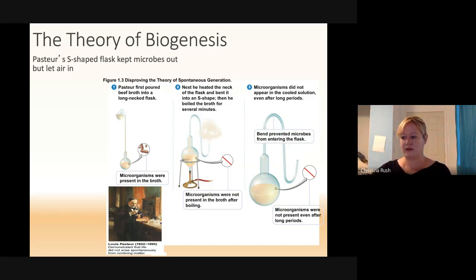He put on the S-shaped flask, and then whatever he had introduced in there could grow. And then he would do this in tandem with something where he hadn't introduced any cells, and that wouldn't have anything grow at all. And so Pasteur was finally able to put to rest this debate that no, we don't have things spontaneously arising. They must arise from a previous cell.